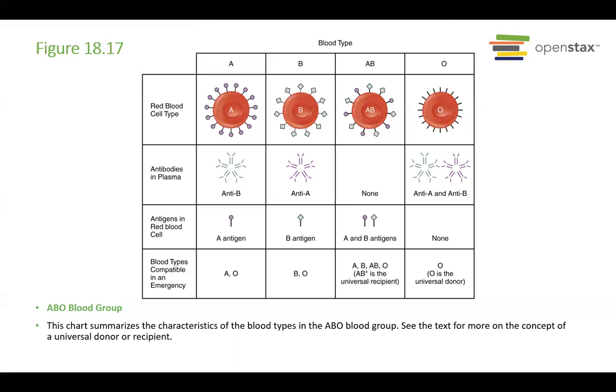Blood type A has anti-B to target B antigen. On the B blood type, you have anti-A to target A antigen. So on the female bathroom, outside you have male guards to prevent males from coming into the female bathroom.